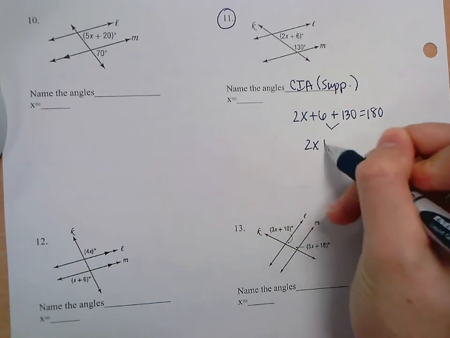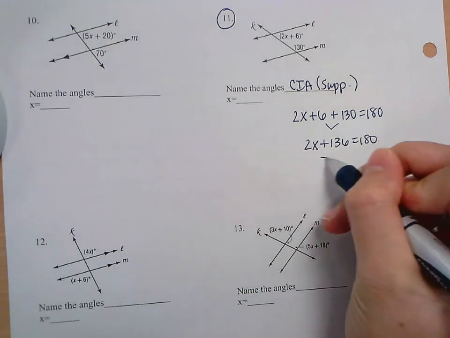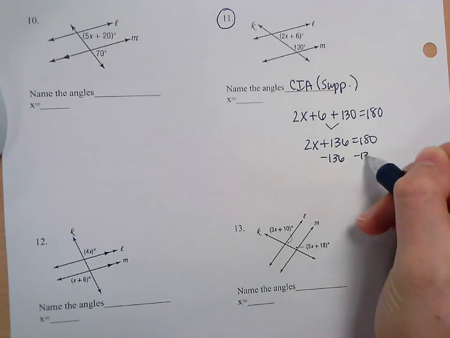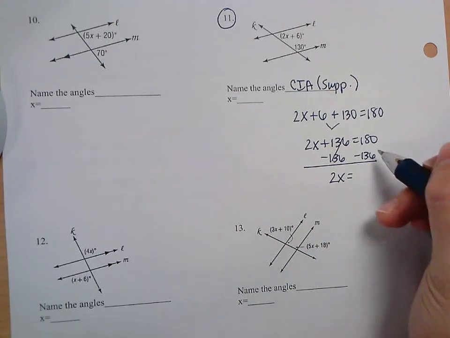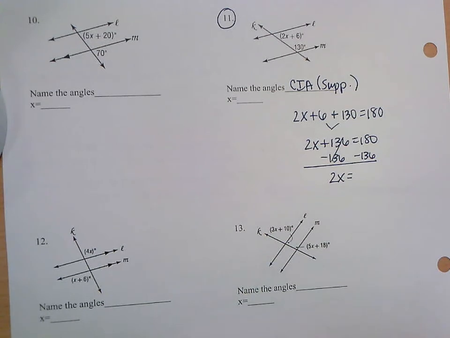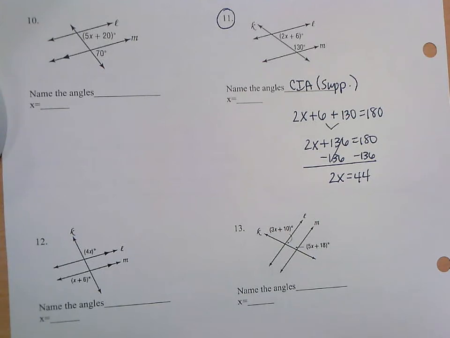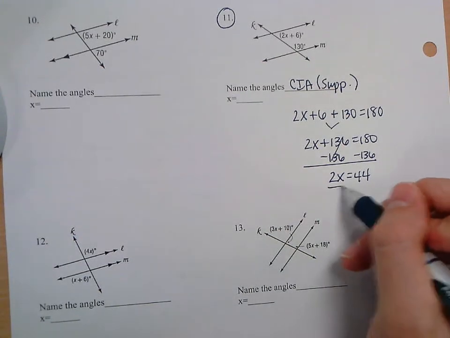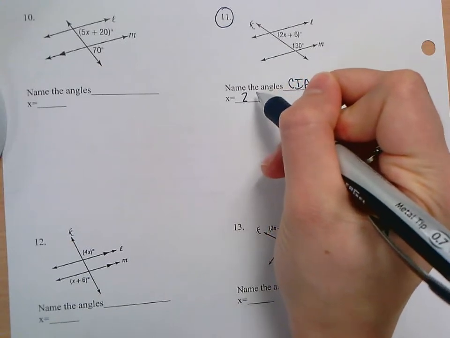So I have 2x plus 136 equals 180. Subtract 136. So 2x would equal 44, and then divide by 2. So x should equal 22.